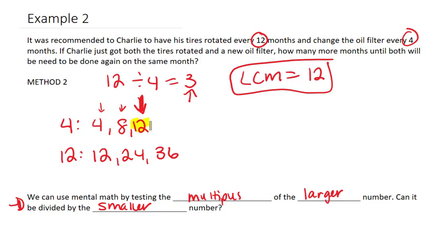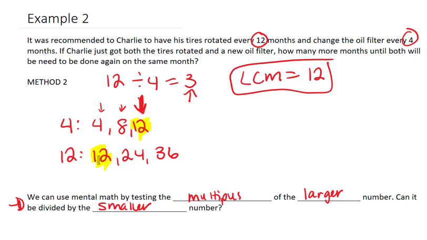And so the first common multiple is going to be 12, because anything between 4 and 12 cannot be a common multiple, because it wouldn't include 12, right? The first multiple of 12 is going to be 12.